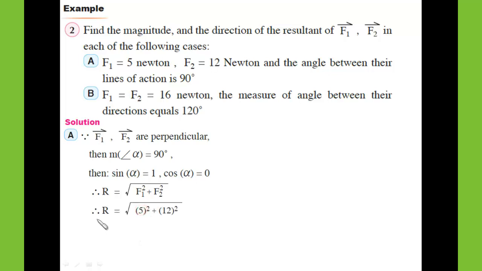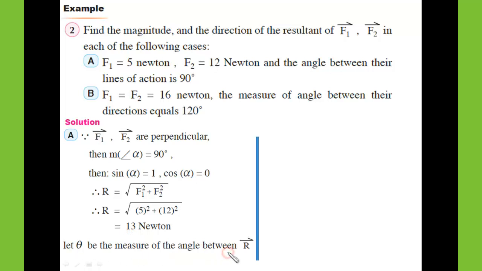So we substitute: R equals the square root of 5 square plus 12 square, which equals 13 Newton. Let theta be the measure of the angle between R and the first force. Then tan theta equals F2 over F1, which is 12 over 5.